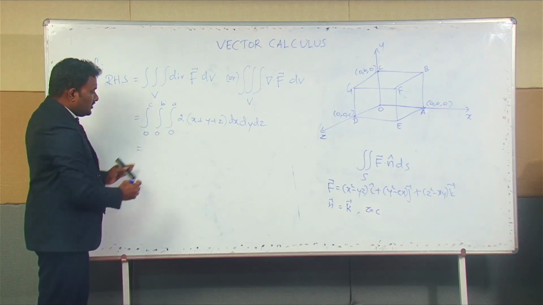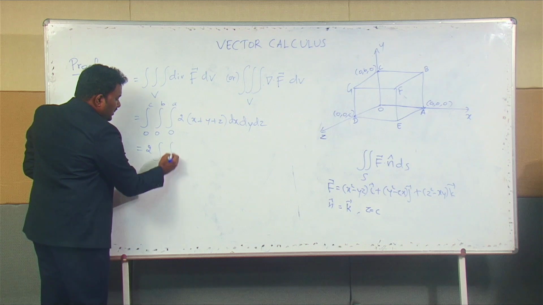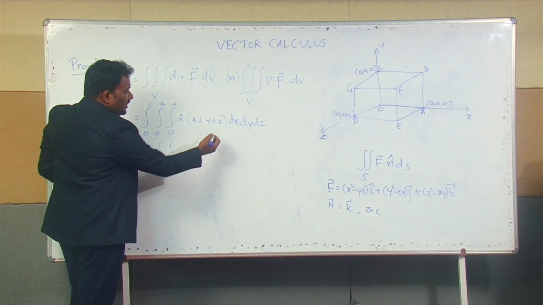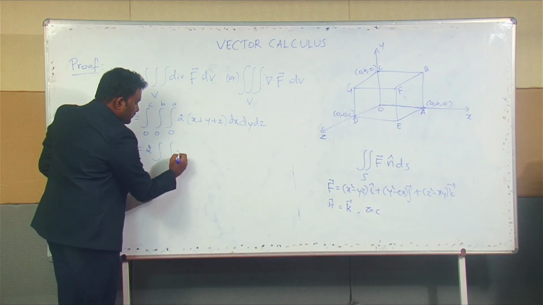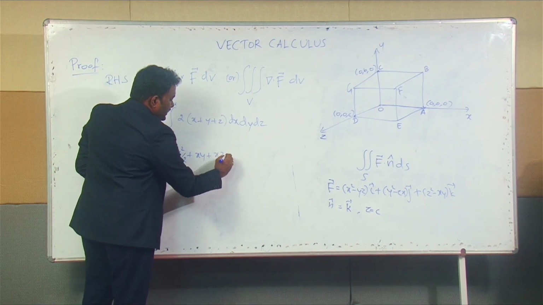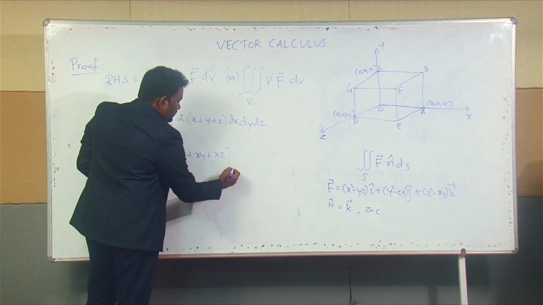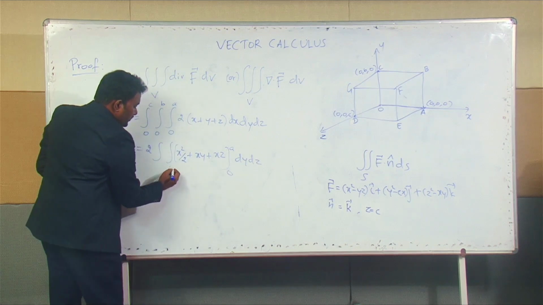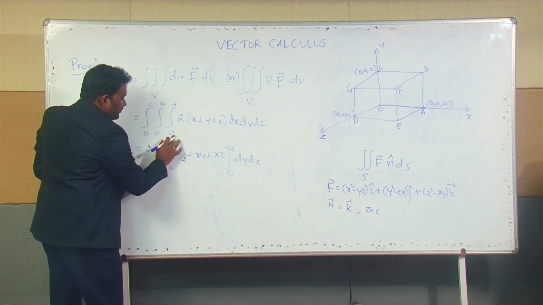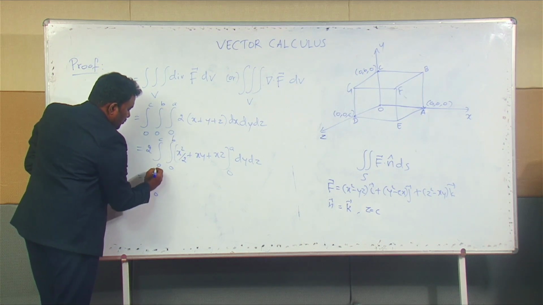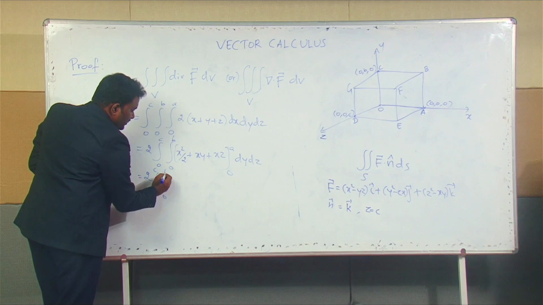Now we take the constant out, and we have the triple integral of x plus y plus z. When you first integrate with respect to x, it becomes x squared by 2 plus xy plus xz, with the limits from 0 to a, and dy dz is there, with 0 to b and 0 to c. So, 2 times this.